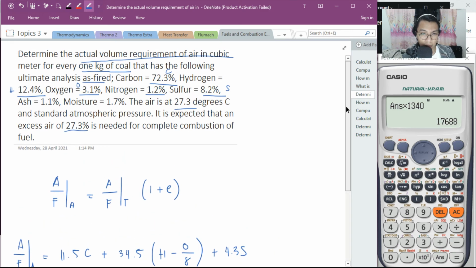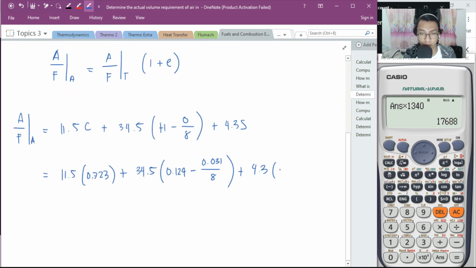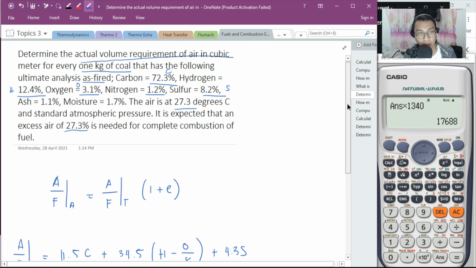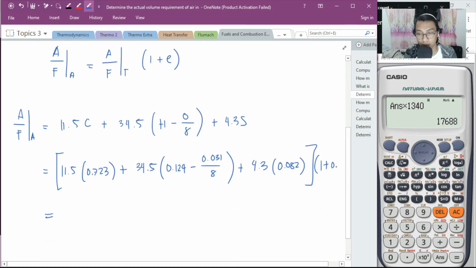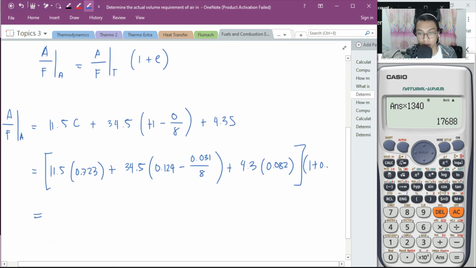Asan yung sulfur dyan? Ayun, 0.082. Makuha na natin yan. O, actual na pala. O, i-multiply mo na lang ng 1 plus yung percent excess, 0.273.